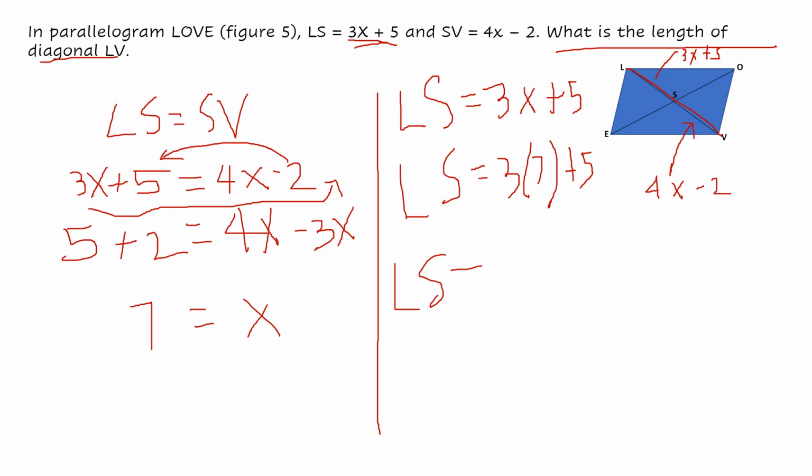But 3 times 7 is 21. So you get 21 plus 5. So LS is equal to 26.